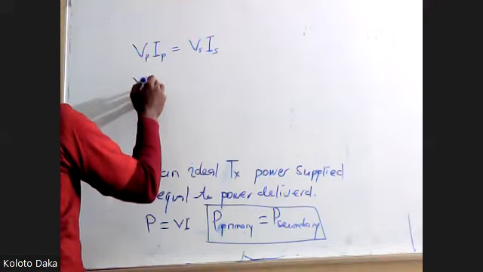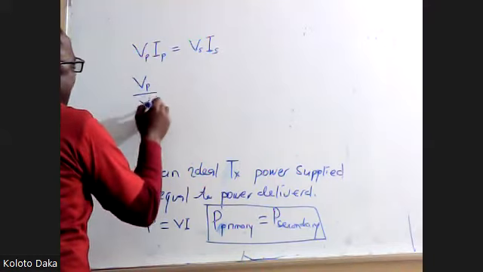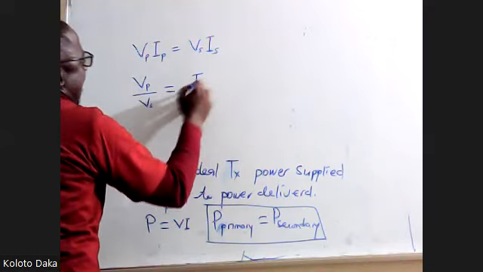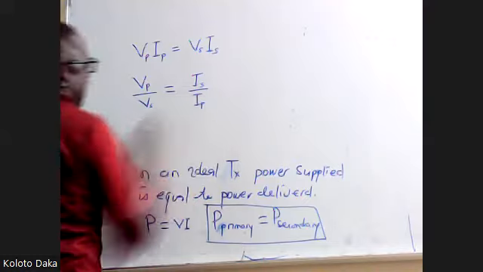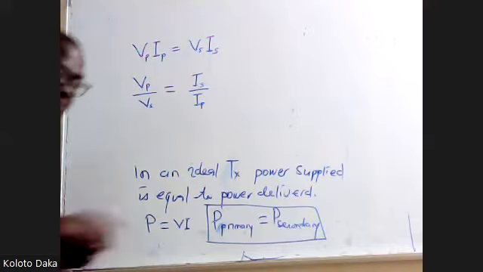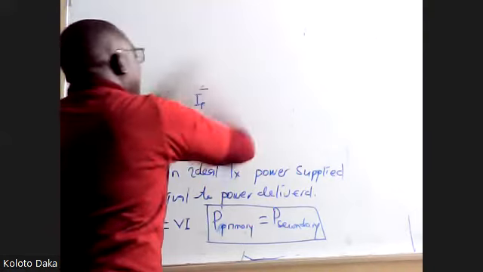In some books, they will say VP over VS, to bring the VS here, should be equal to IS over IP. Okay? That is in an ideal transformer. We proceed.